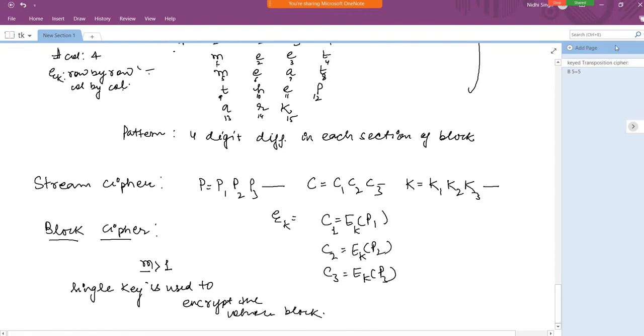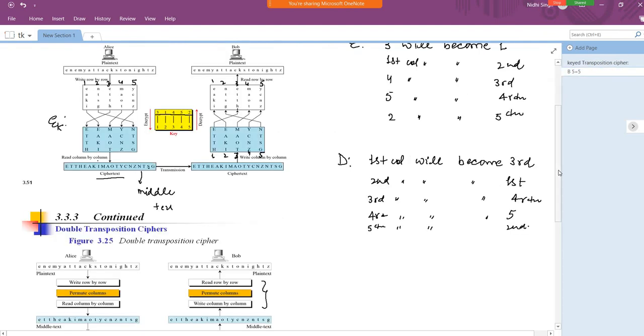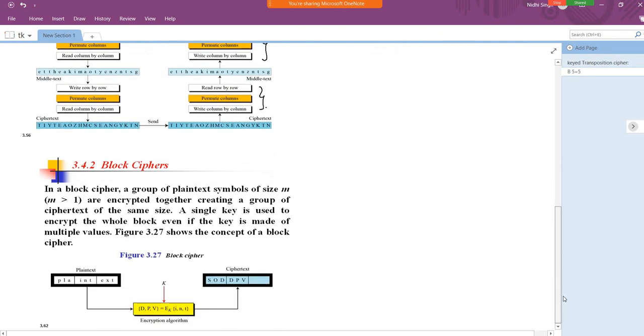So the same example can be understood using this diagram of the block cipher. This is your plain text, which is divided into 3 blocks, and each block carries 3 characters. So PLA, INT and EXT. We have to perform the encryption algorithm using a single key over there. So this is a single key and you have to encrypt each block separately, that is block 1, block 2 and block 3.